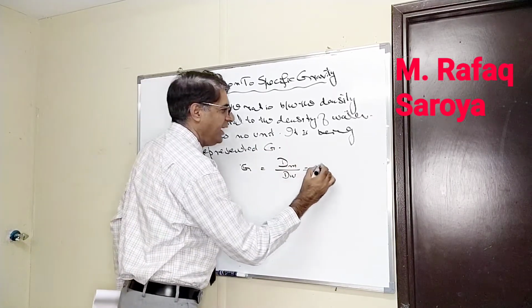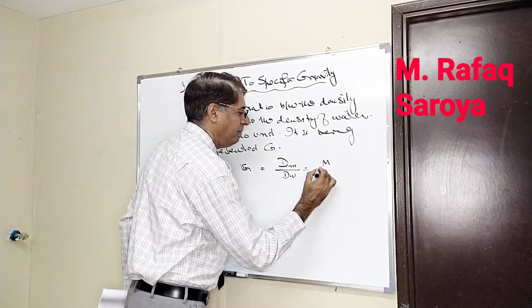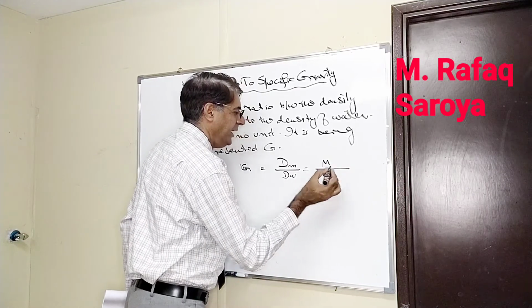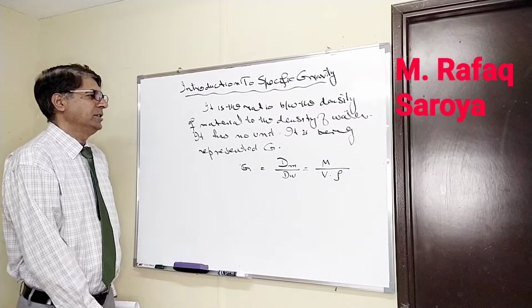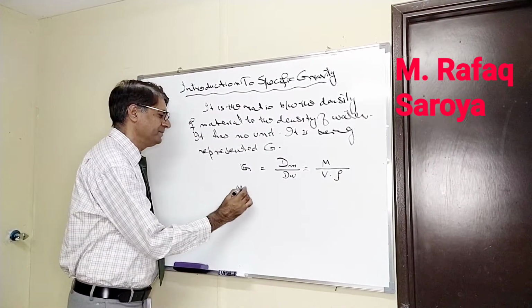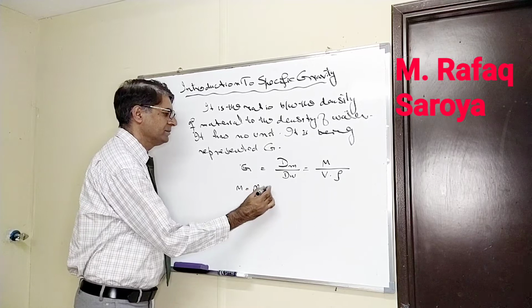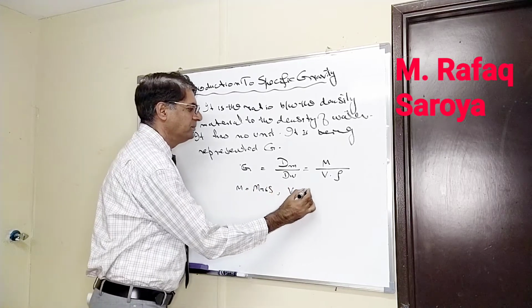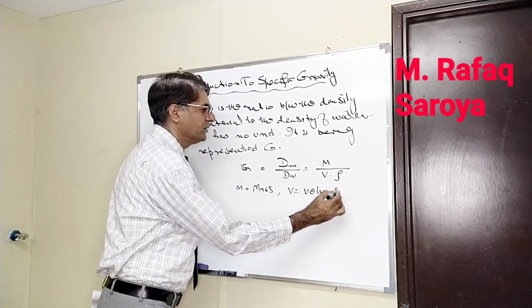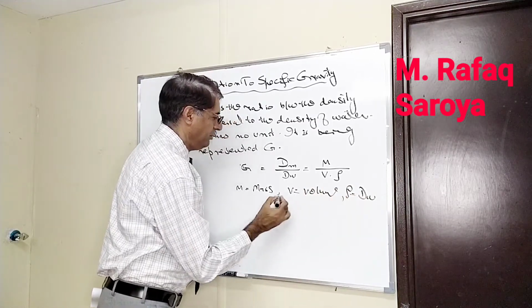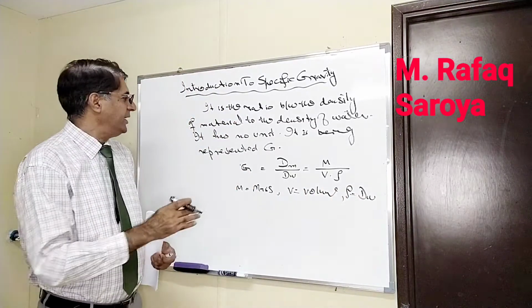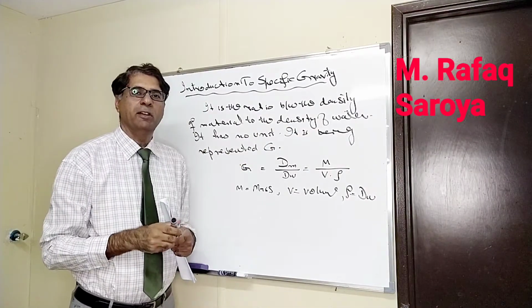Normally, density of the material is the ratio between mass per unit volume, and the density of water is normally represented by rho. So M is mass, V is the volume, and rho is the density of water. This you have to remember. And as I have already explained, it doesn't have any unit.